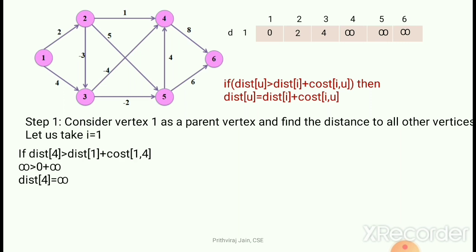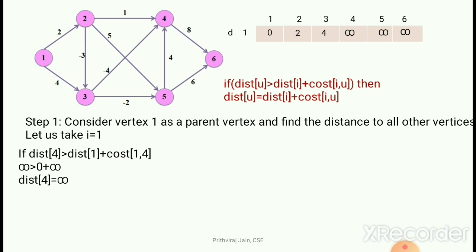Next, from 1 to 4: distance of 4 greater than distance of 1 plus cost of 1 comma 4. Distance of 4 is initially infinity, as we can observe in the D array, and distance of 1 is 0. The cost of 1 to 4 is infinity, as we don't have a direct path from 1 to 4.